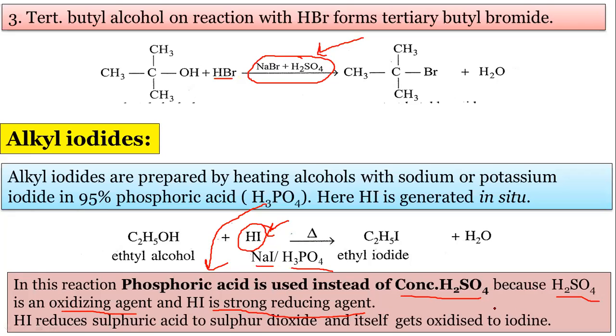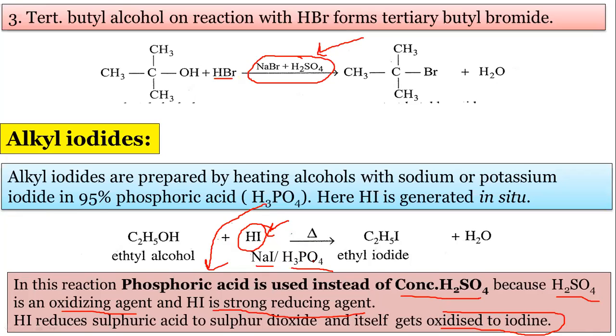If we use H2SO4, HI will be formed, but what will this HI do? HI reduces the sulfuric acid. Note that the hydrogen iodide formed will reduce the sulfuric acid to sulfur dioxide and itself get oxidized to iodine. So to avoid these products we are using H3PO4. Did you understand? Why are we using phosphoric acid instead of sulfuric acid?